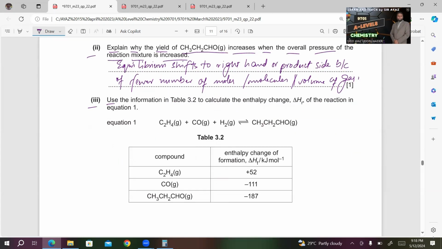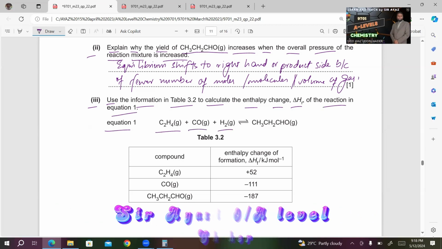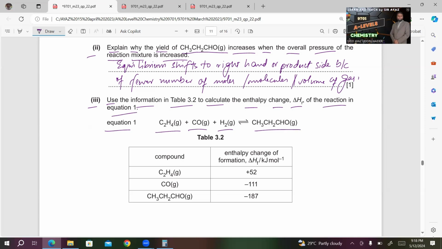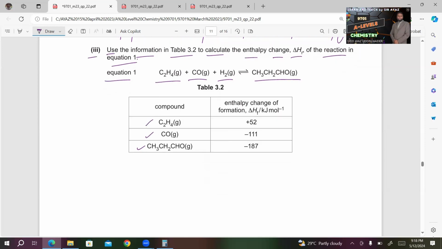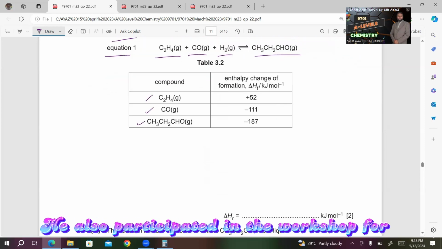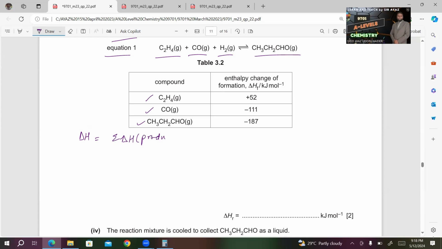Number 3, use the information in table 3.2 to calculate the enthalpy change delta HR of the reaction in equation 1. Equation 1: C2H4(g) plus CO(g) plus H2(g) gives CH3CH2CHO(g). The enthalpy change of formation of C2H4 is provided, CO is provided, and CH3CH2CHO is also provided. We know that delta H is equal to delta H of the product side minus delta H of the reactant side.